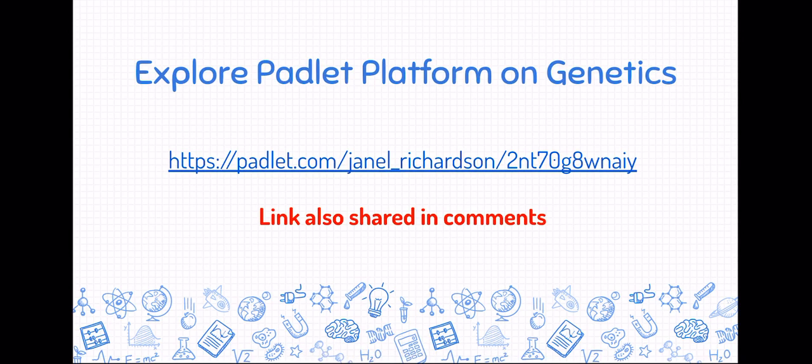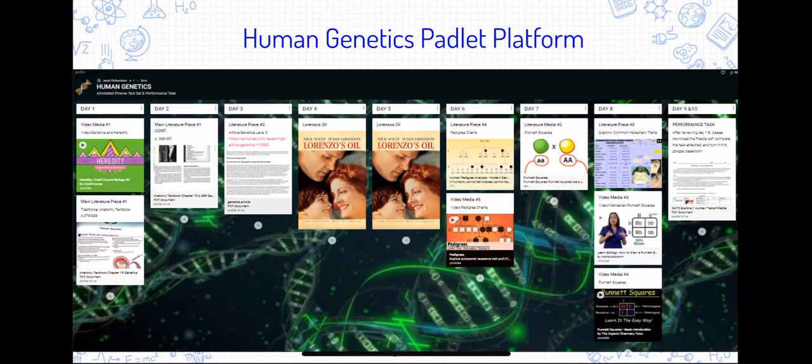So basically, I would explain in a YouTube tutorial like this one that the students are going to go to a Padlet platform titled Genetics, and here's the link. The link will also be shared in the comments on this YouTube. Once they click that link, they'll come to a Padlet title page, which will look like this.